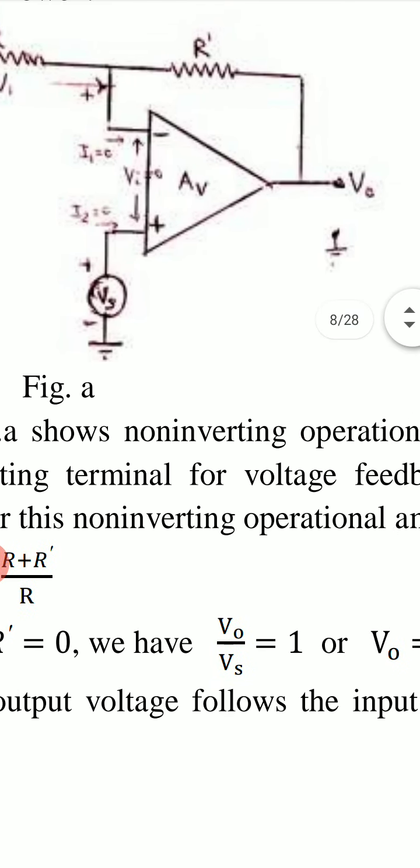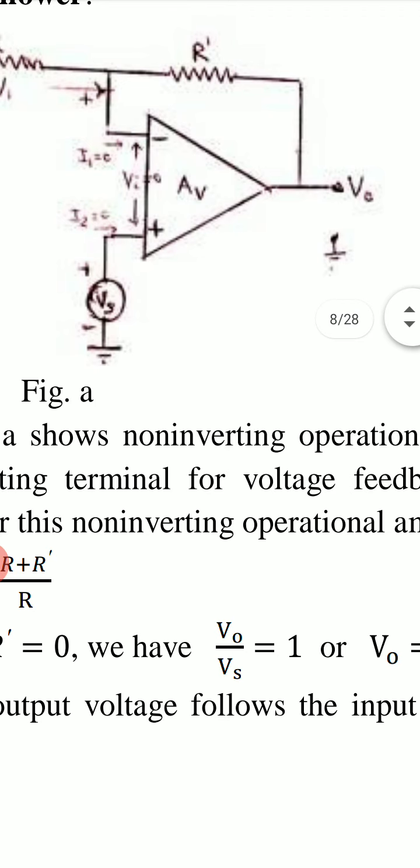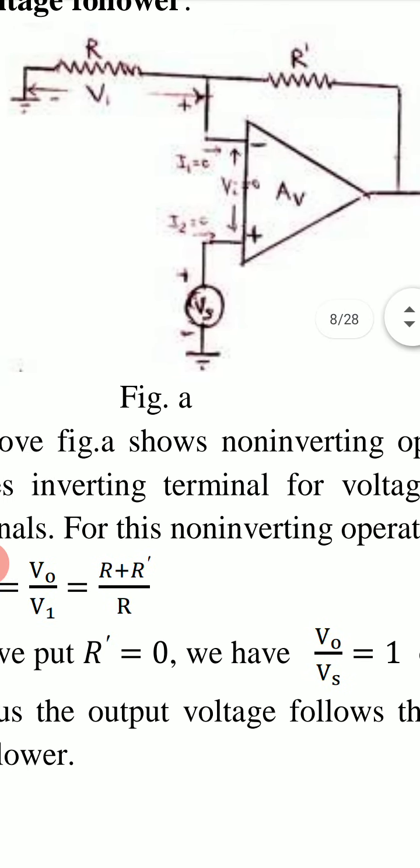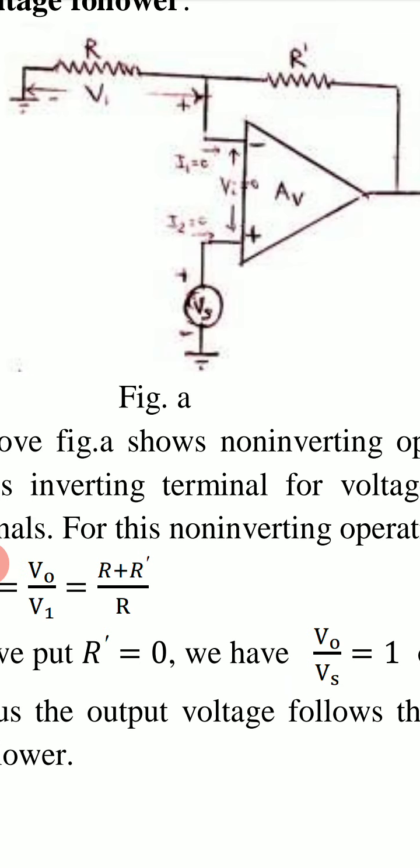Output voltage is obtained between ground and the series combination of R and R dash. So it is equal to R plus R dash. So VO upon V1 equal to R plus R dash upon R.